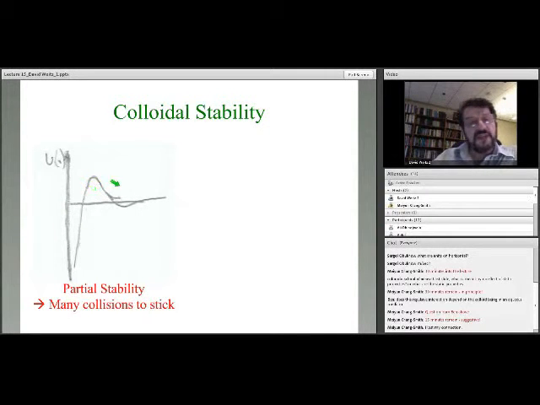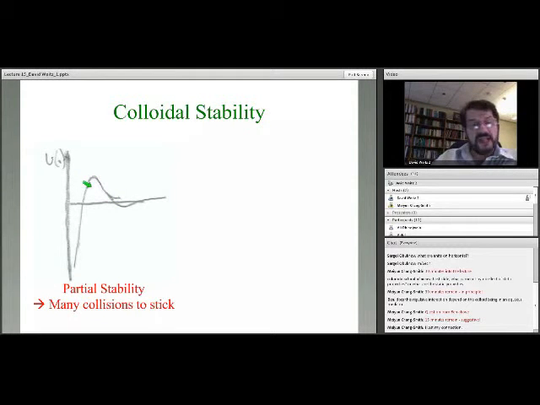However, if they collide with one another enough times, they will eventually overcome this barrier and fall into this attractive minimum. So this is where you get partial stabilization. It takes many collisions for the particles to become unstable.